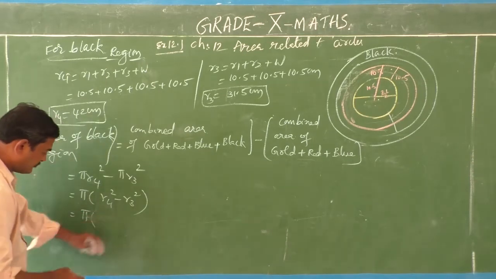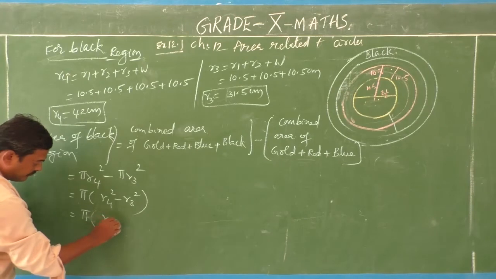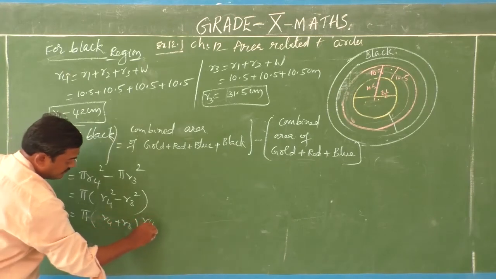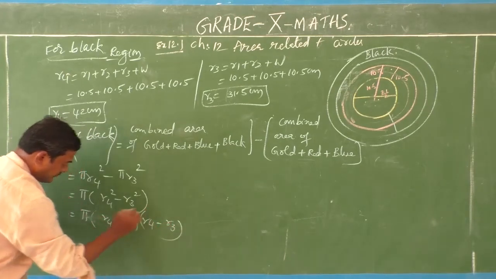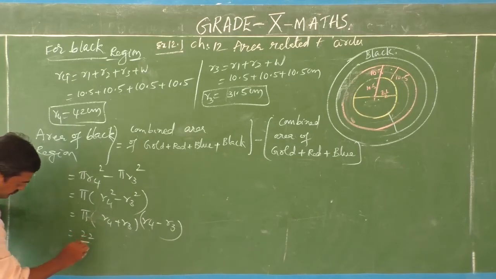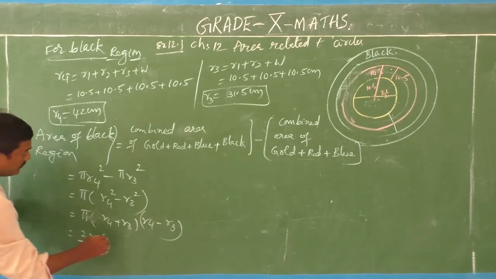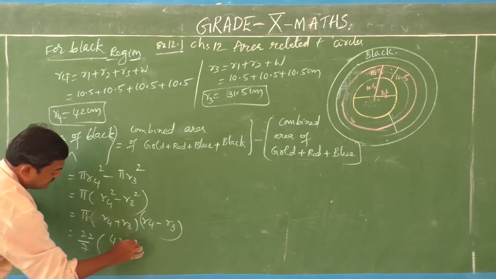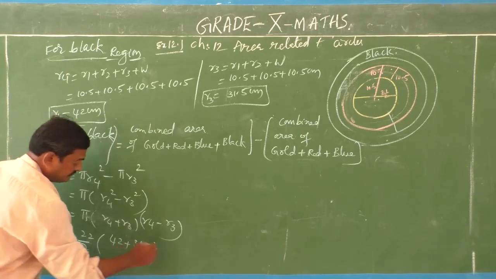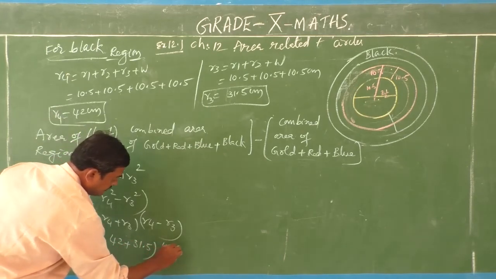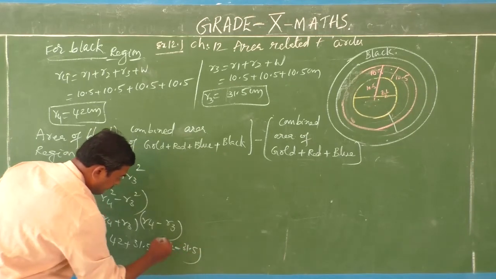If you write one more step, r4 plus r3, r4 minus r3. Now 22 by 7 into r4, 42 plus 31.5, 42 minus 31.5.